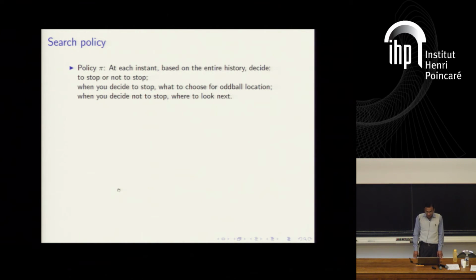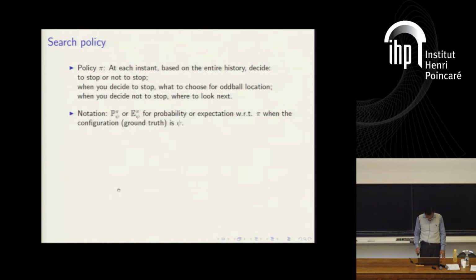When you decide to stop, this rule book also tells you, based on what you've observed, which is the oddball location. When you decide not to stop, you're continuing to search. The rule book also tells you where to look next, or gives a prescription on how to find out where to look next. In a sense, where to look next could be a randomized strategy.